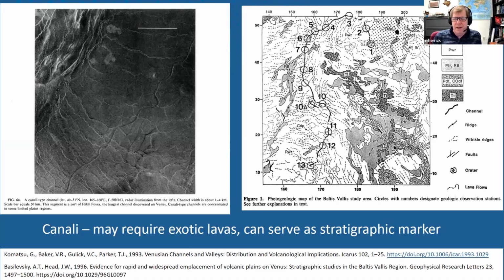First of all, they may or may not be indicative of requiring some really exotic lava in order to make a channel and be able to travel across the surface such long distances without solidifying. So once again, perhaps an unusual crust or upper lithosphere source region.